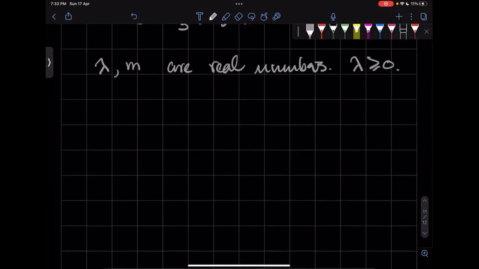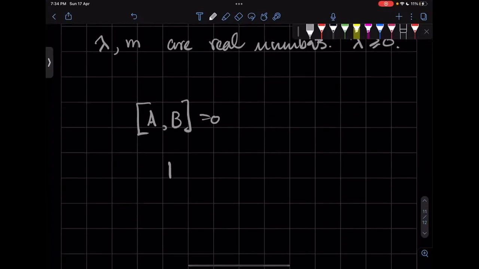So the idea is something like this. If you have some operator A and some operator B, or matrices, and suppose they commute. Now, suppose that B acting on psi of b, some vector, gives you an eigenvalue b.